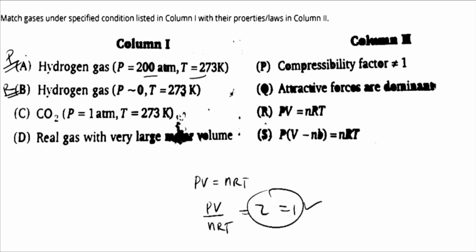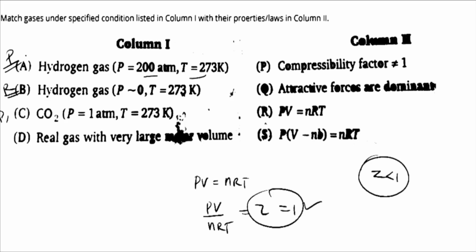What about CO2 at 1 atm and 273 Kelvin? At this condition, CO2 is a real gas, so your compressibility factor is less than 1, which is not equal to 1.